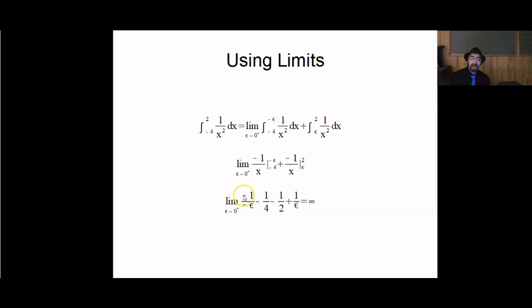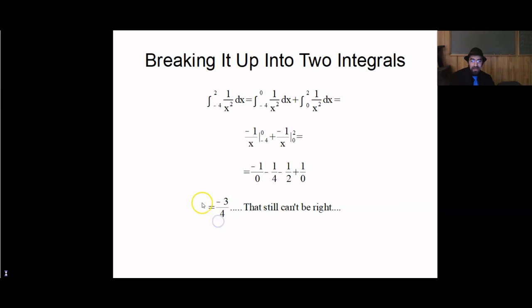Now we realize that this -1 over negative epsilon, for positive values of epsilon, becomes a positive large number. We add that to another positive large number. That limit is going to infinity. Looking back at the previous slide, when we tried to say -1 over 0 and 1 over 0 just cancel out, it turns out this 0 is actually always going to be a little bit less than 0.